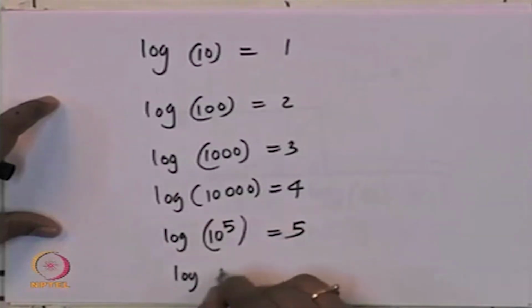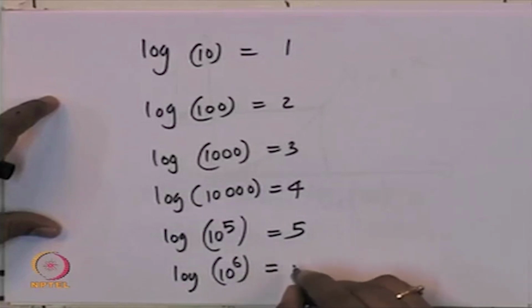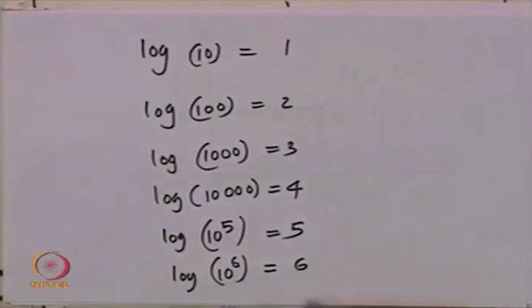Log of 10 power 6, which is a huge number, a million, is just 6. So, the log of a million is 6. Just remember that the log of a huge number is a small number, and we will be using this property at some point in this course.